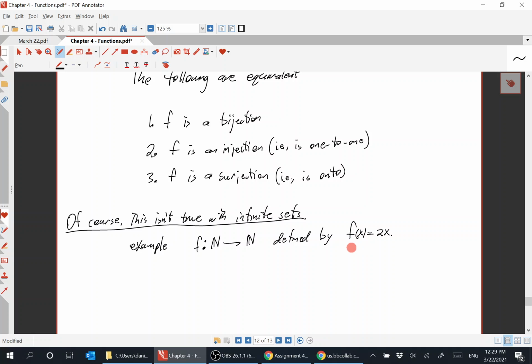So f of 0 is 0, f of 1 is 2, f of 2 is 4, f of 3 is 6, f of 4 is 8, and so on and so forth. That function is injective, but not surjective.